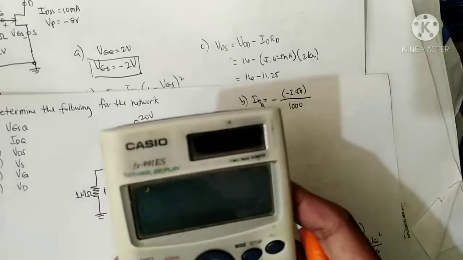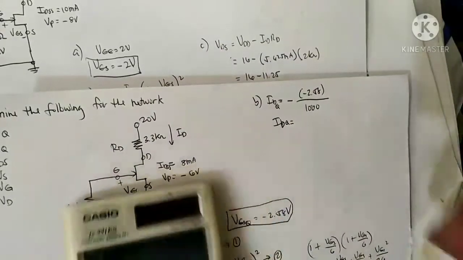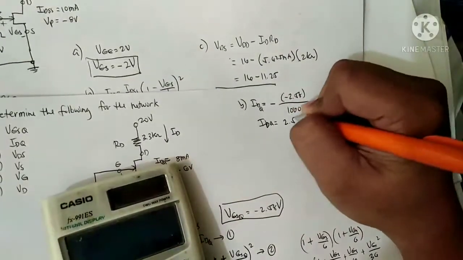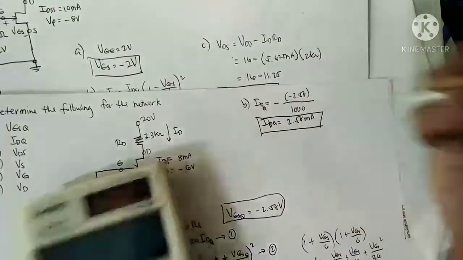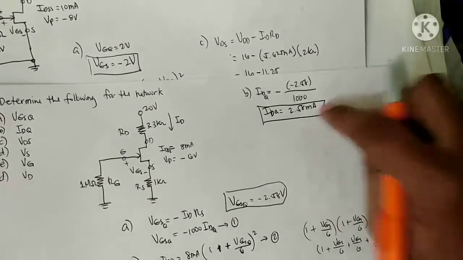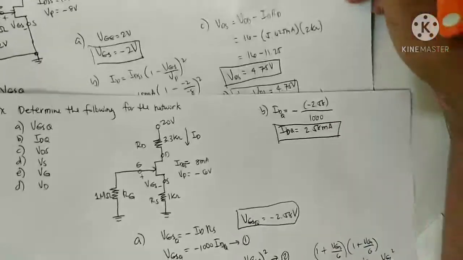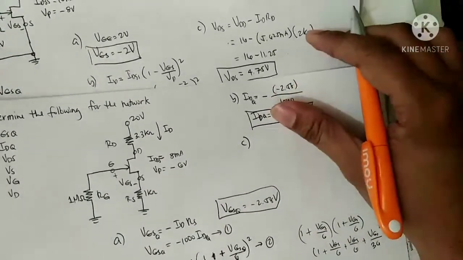So the answer should be, if you look at the pinch-off voltage, negative 6 volts, it should be lower in magnitude than this, which is 6. So the value that is lower is VGS1, which is negative 2.58.